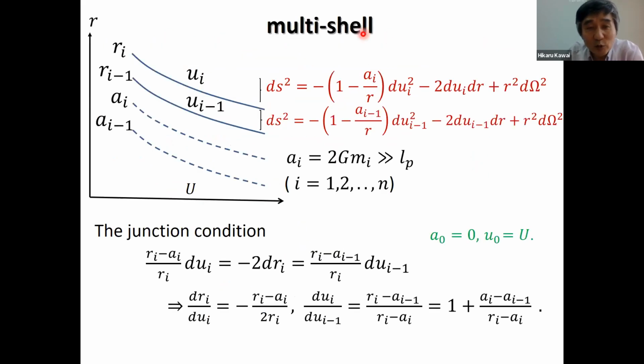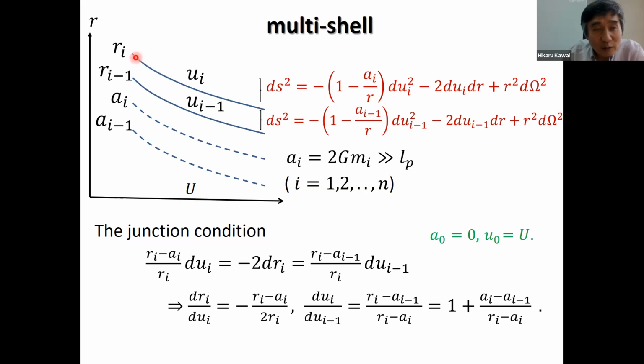Next we consider multiple shells, and we eventually want to consider a continuum distribution. But before going to a continuum distribution, we consider a finite number of shells. Here we consider n shells, and i is a label of the i-th shell.